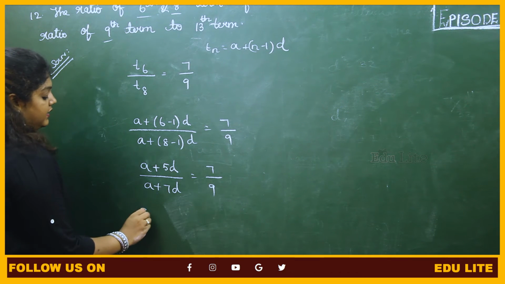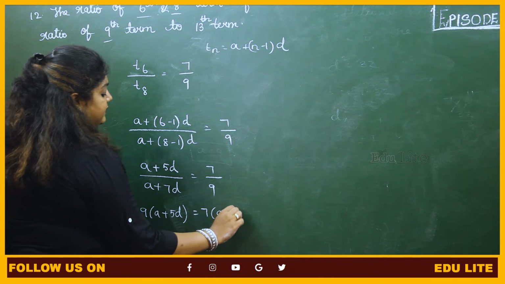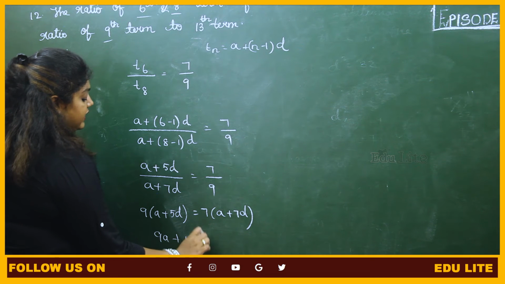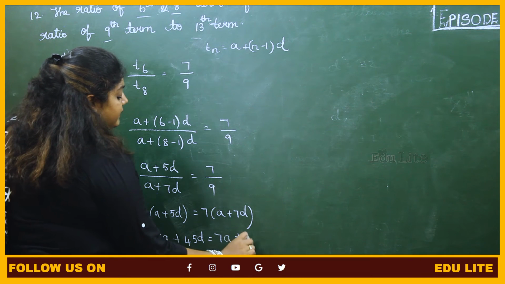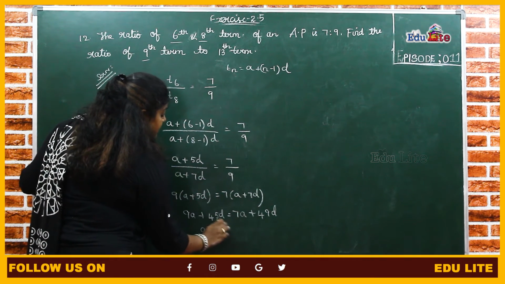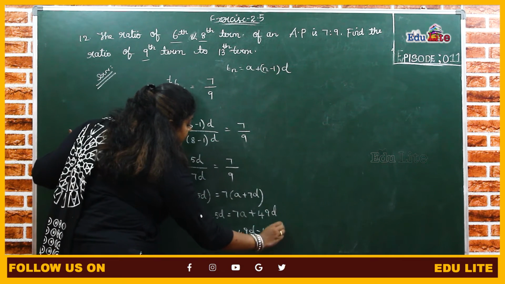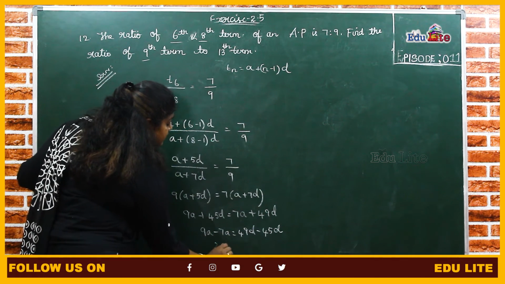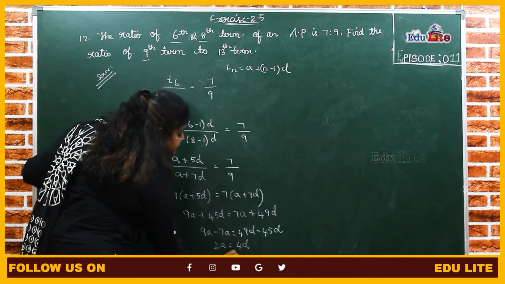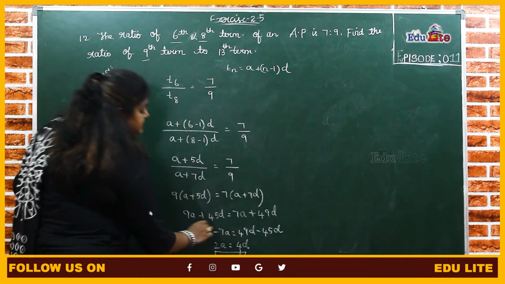Cross multiplying, 9 into (a plus 5d) equals 7 into (a plus 7d): 9a plus 45d equals 7a plus 49d. Simplifying, 9a minus 7a equals 49d minus 45d, so 2a equals 4d. So a equals 2d. We got the value of a as 2d.